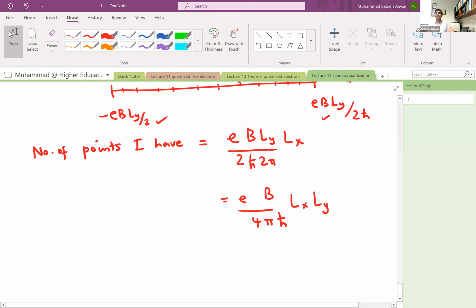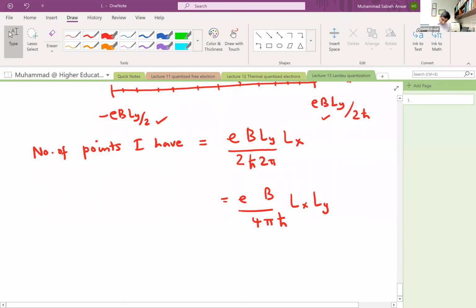So this is the total number of allowed kx values that belong to a single value of L. And if I take into account the spin degeneracy, each point can harbor 2 electrons with opposite spins.